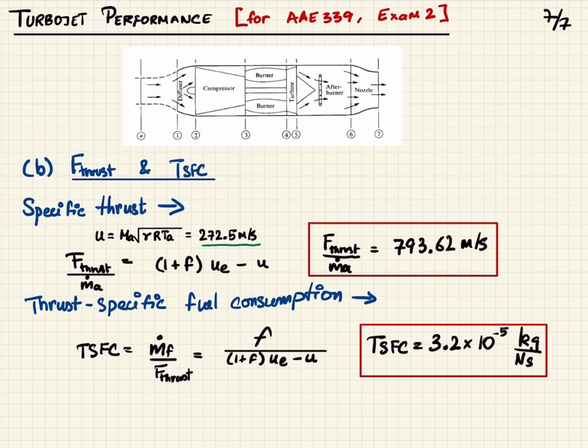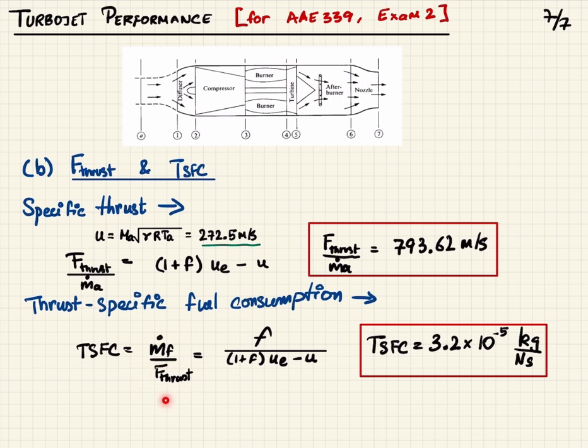So if we multiply this with the mass flow rate of our air, we can determine the thrust that is produced by this engine. The thrust-specific fuel consumption is basically how much fuel the engine is consuming per unit of thrust that it produces. So it's literally the mass flow rate of the fuel to the thrust that's produced by the engine.